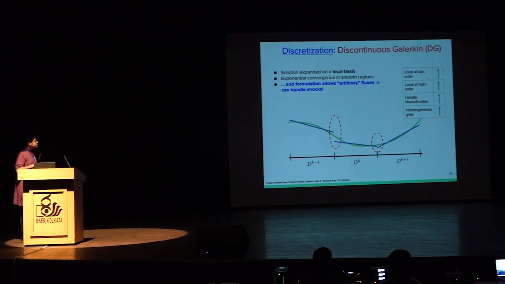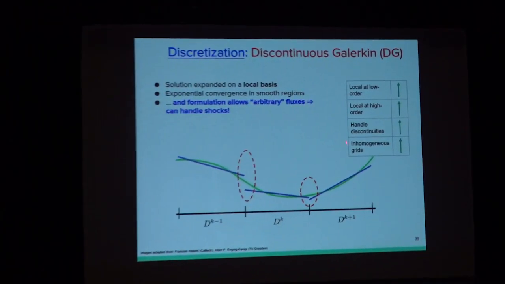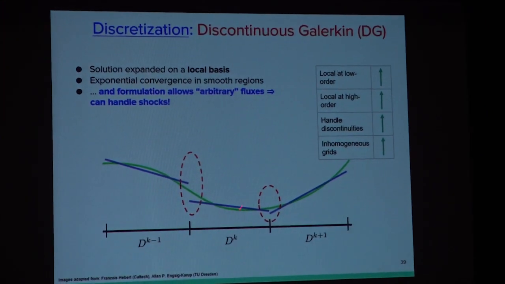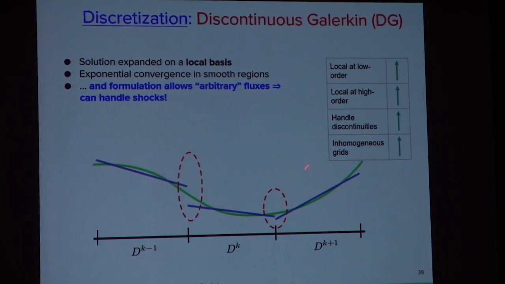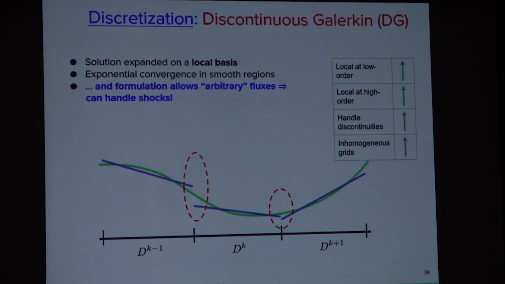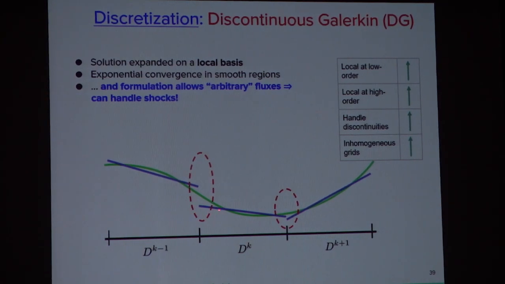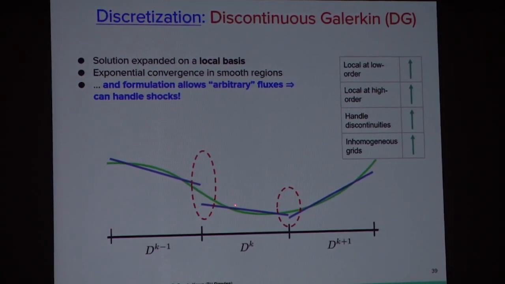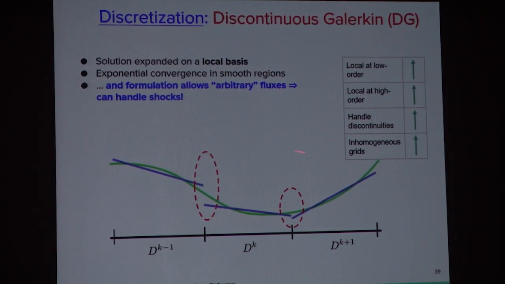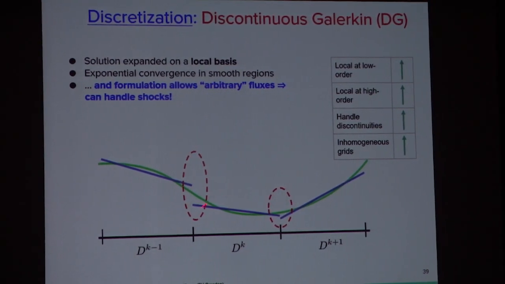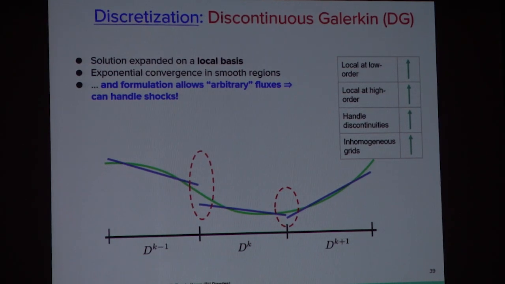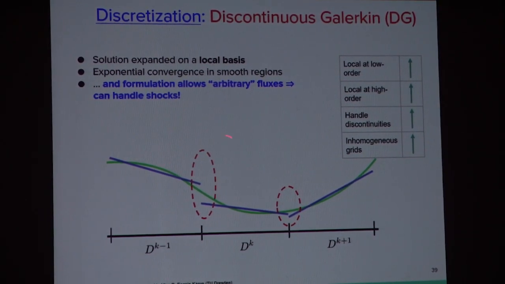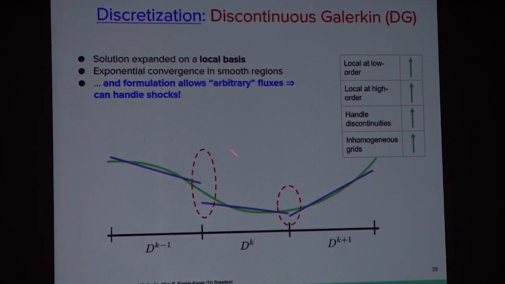And so they are able to adapt to inhomogeneous grids, and they can get high order accuracy within these elements quite easily. The key here is that all the communication that any given element needs is from its nearest neighbor only, right? So this really reduces the communication overhead of this discretization scheme.